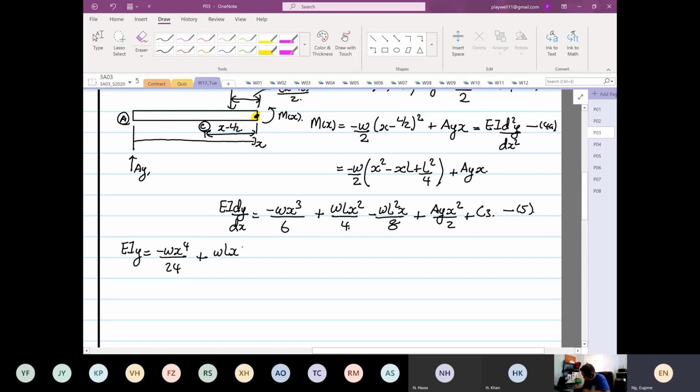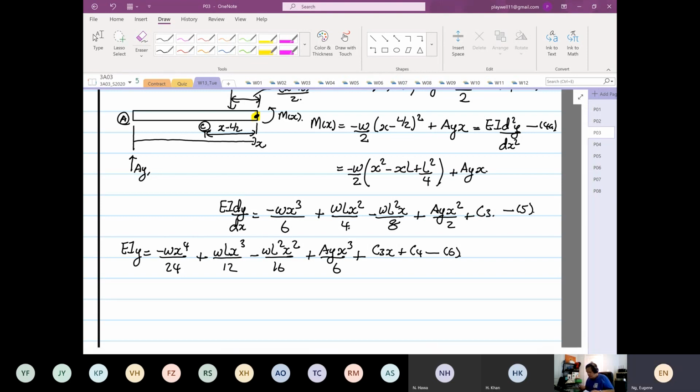Plus omega L x cubed over 12 minus omega L squared x squared over 16 plus Ay x cubed over 6 plus C3x plus C4. If I make mistake, let me know. So this is my equation 6.